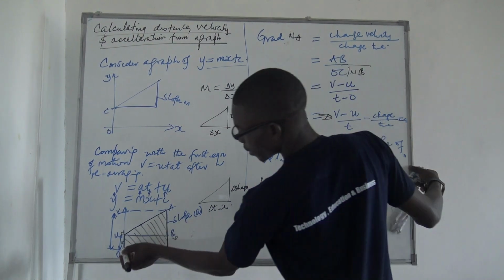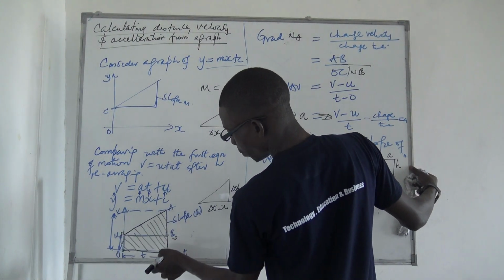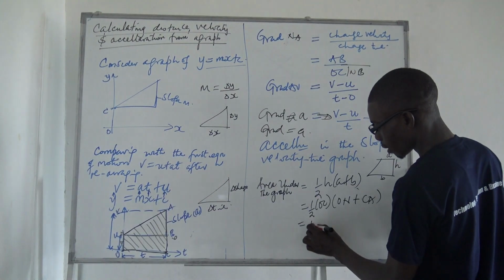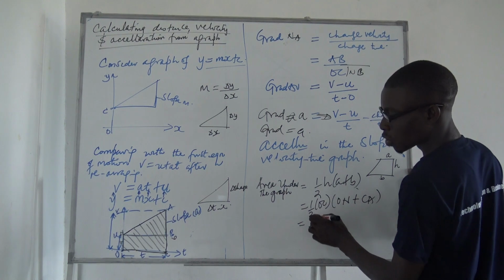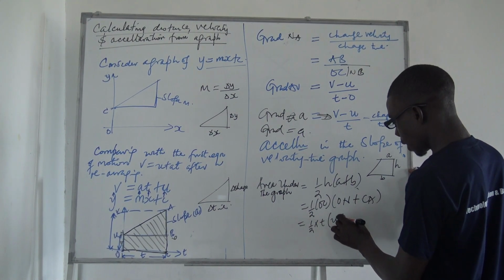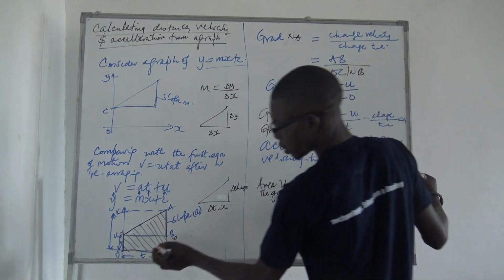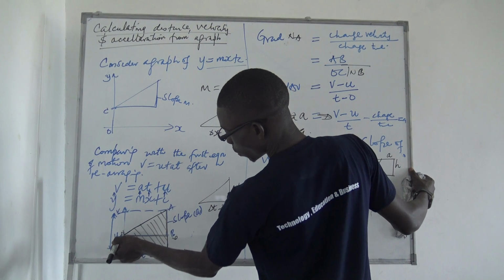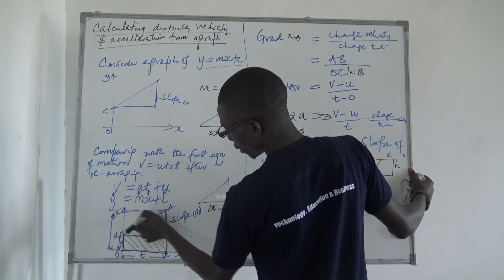A is this, which is ON, and then b is the base, that is CA. Now you can say it is half times OC, which is T, times ON, which is U, plus CA, which is V. OC is T, ON is U, CA is V. From here up to here is V.